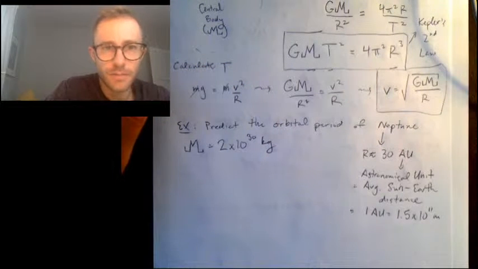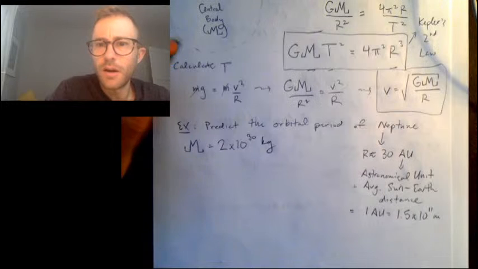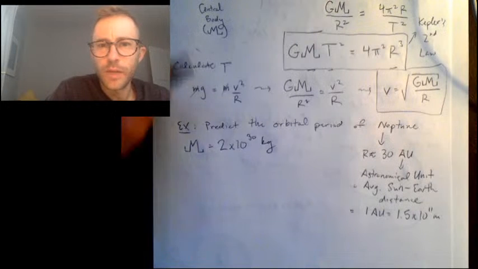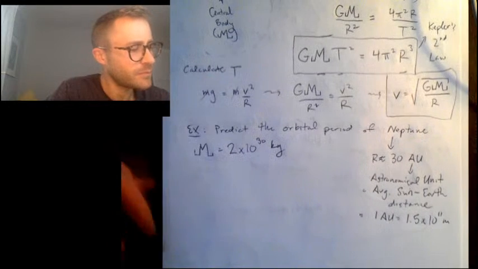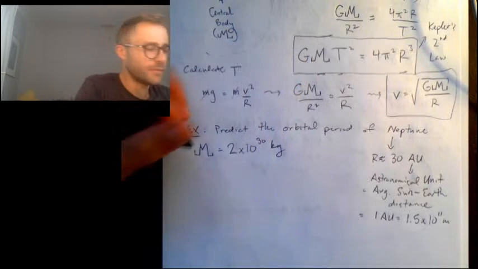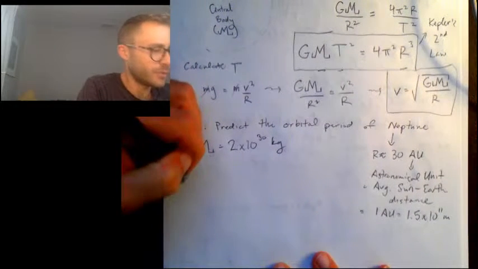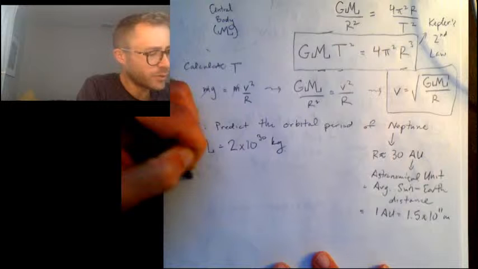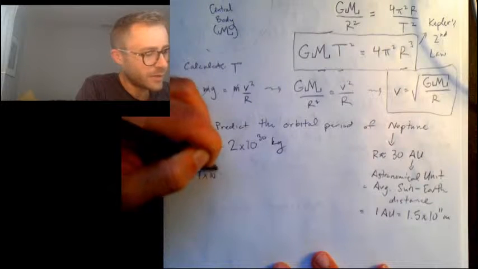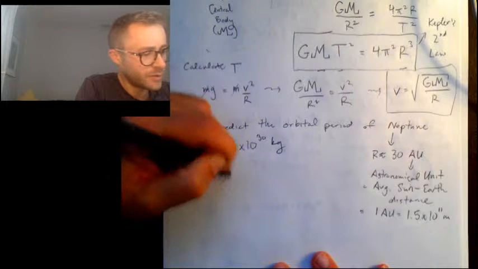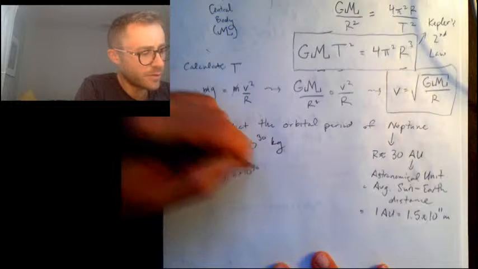It's the mass of the Sun. So we can use Kepler's law to calculate the period. We have G, 6.7 times 10 to the negative 11, M is 2 times 10 to the 30th.